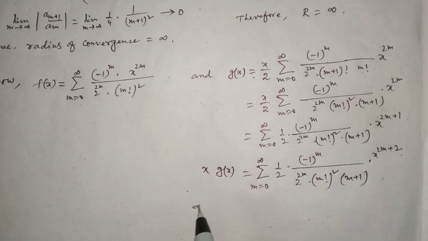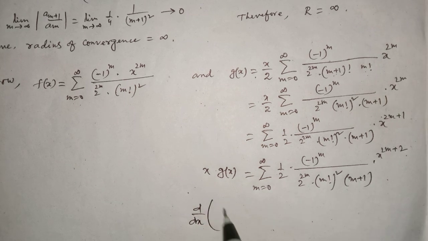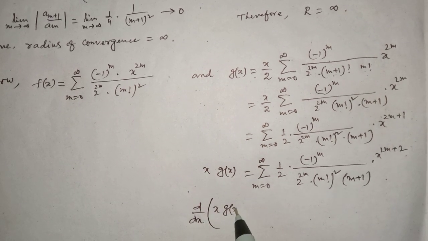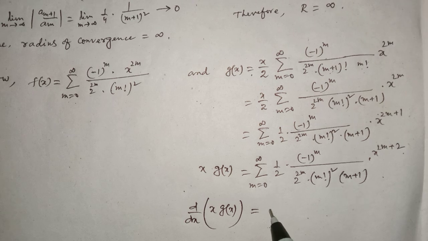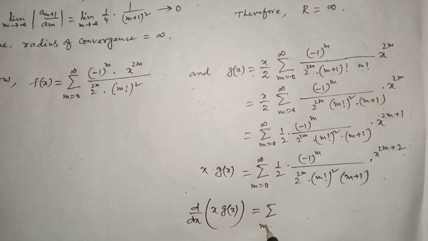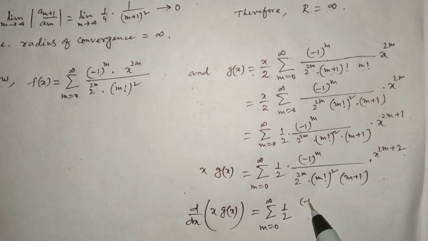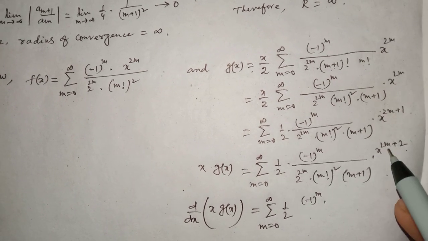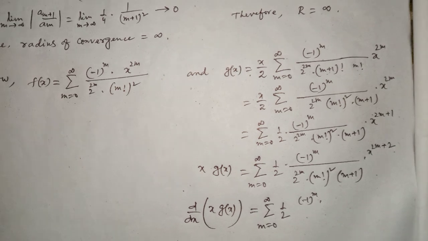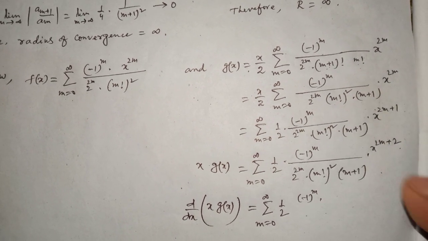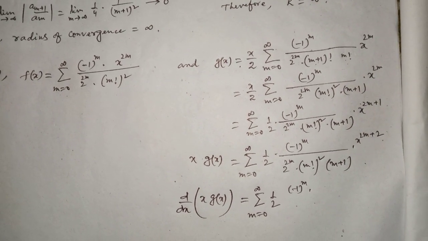So d by dx of x g of x is equal to summation m equal to 0 to infinity, half minus 1 whole to the power m into 2m plus 2 into x to the power 2m plus 1.